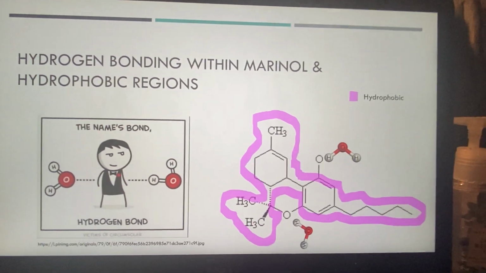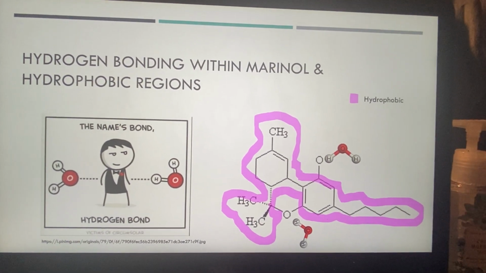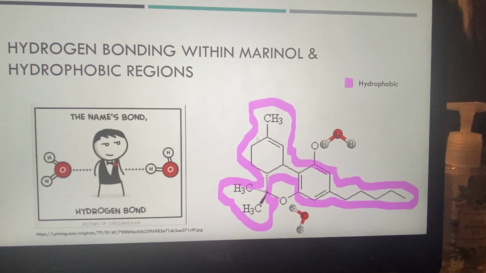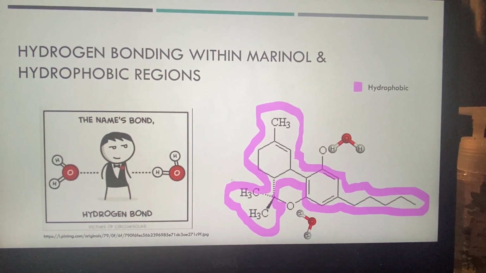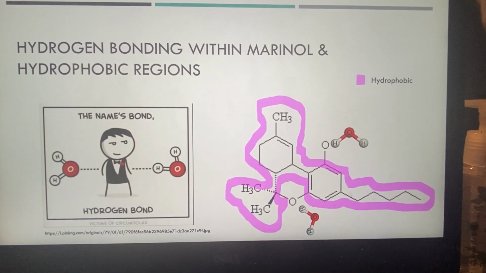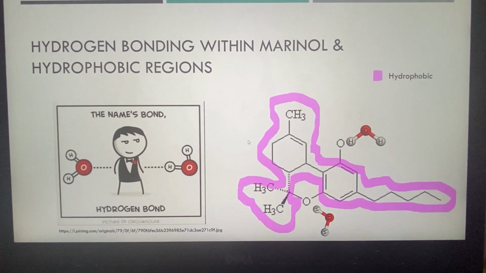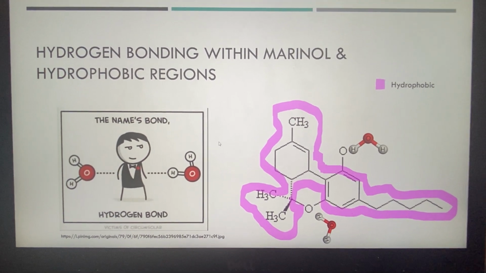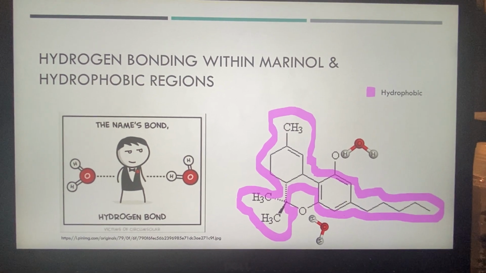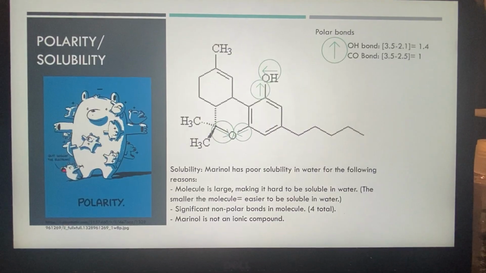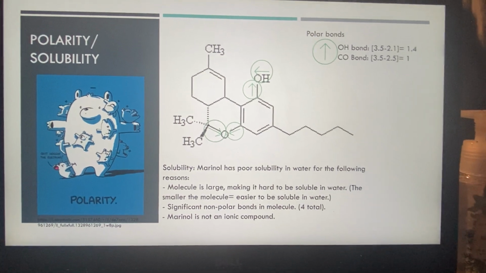So hydrogen bonding within Marinol and hydrophobic regions. Here is a very large hydrophobic region indicated with the pink, and then I added two of the hydrogen bonds onto those molecules. So polarity and solubility.